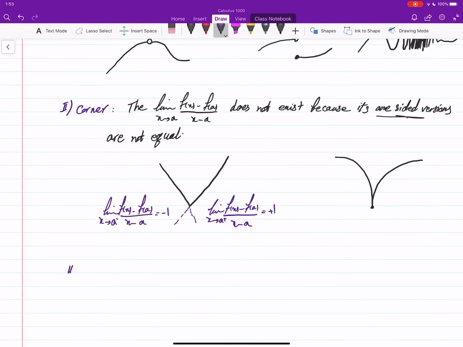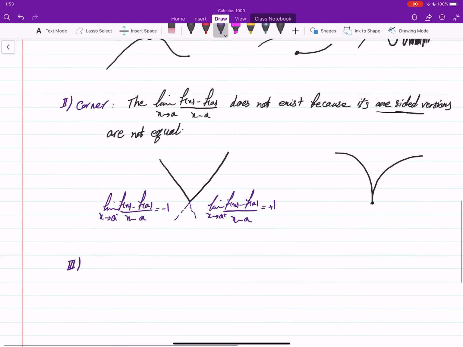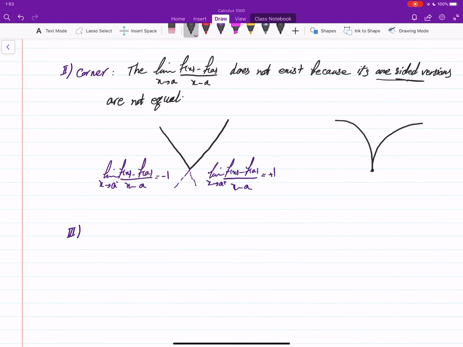The third case is also an interesting case. This is the case where a tangent line exists, but the slope of the tangent line is infinity. So this is a vertical tangent line.